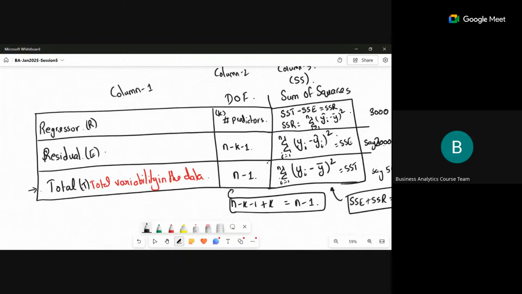Looking at the ANOVA table, if I want to calculate R squared, what is the formula that we use? Percentage of variability in Y explained by the model. So what is the variability in Y that is explained by the model from the ANOVA table?